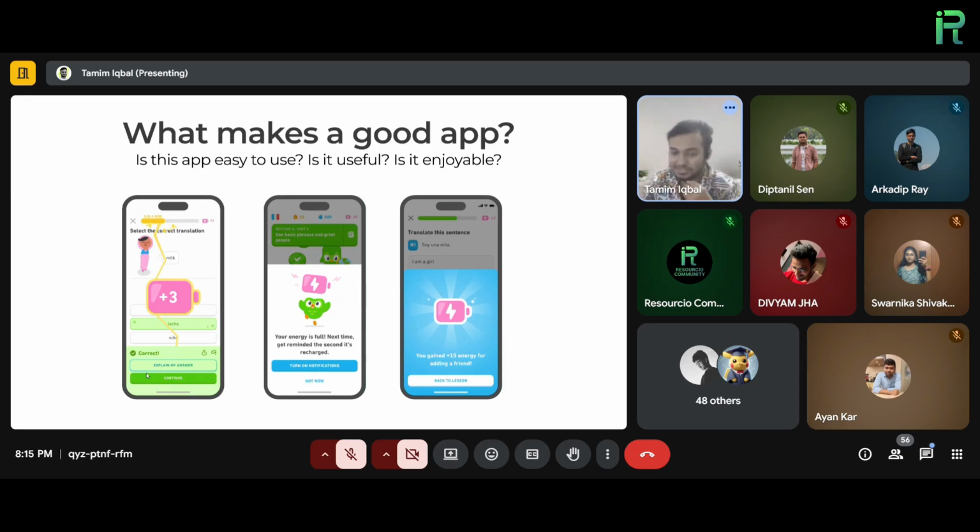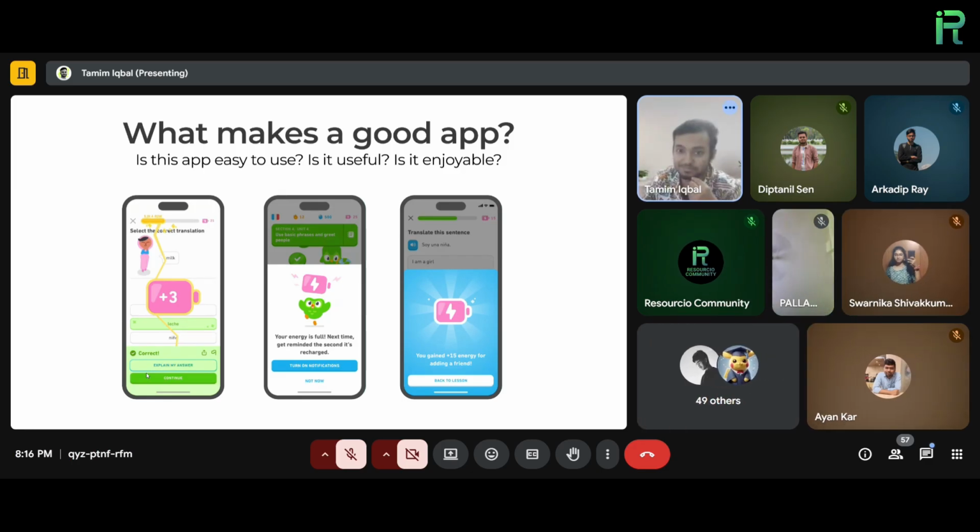Whenever that scratch card pops up after you make the payment, it makes you smile. And that is what good user experience is all about. It makes you feel rewarded, even though the reward is probably meaningless, probably not going to be used by most people, but still it gives you a sense of reward, and that is what makes your app feel enjoyable.